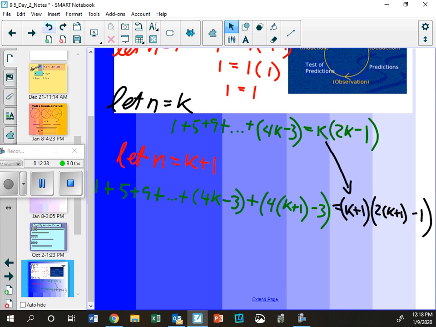Who remembers on the left side, what big chunk can we replace with something else? Mr. G? All of that can be replaced with what?